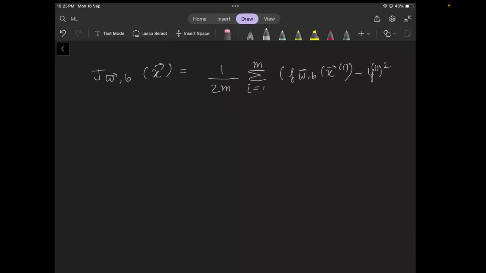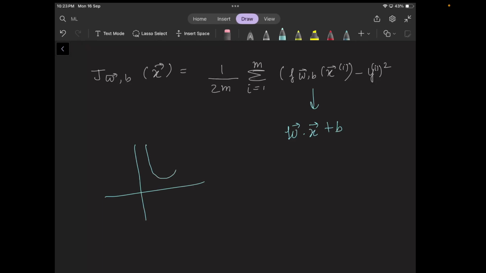But in this case, if we have now f of w, this was just w dot x plus b, but now we have 1 over 1 plus e to the power minus (w x plus b). So in this case you will see that this loss function would not be convex.